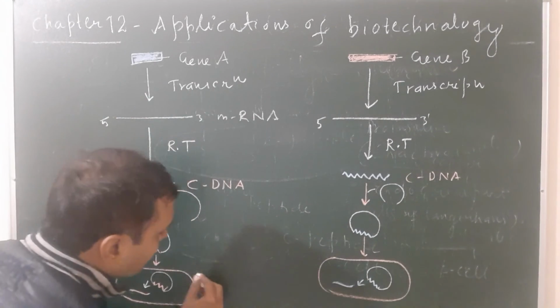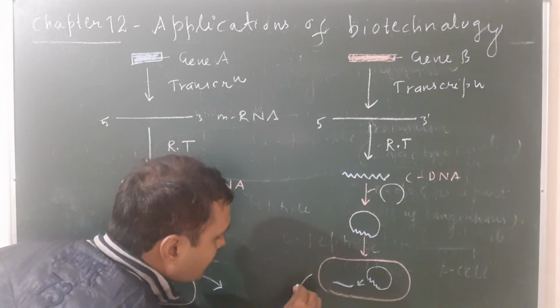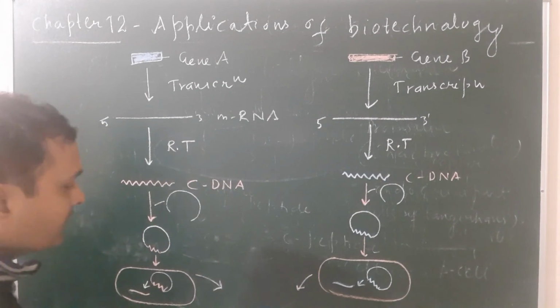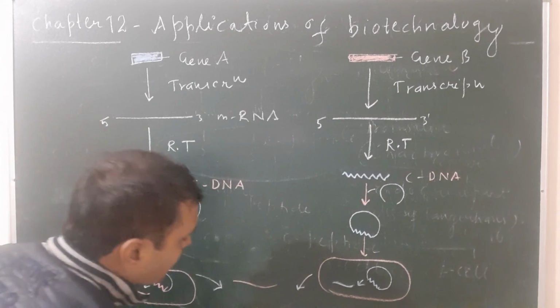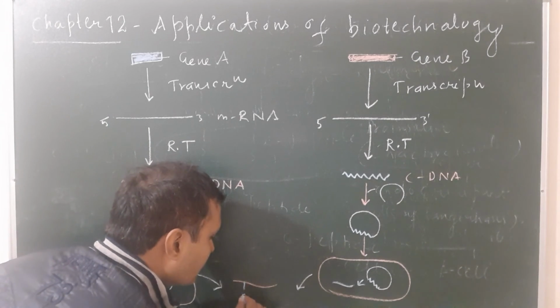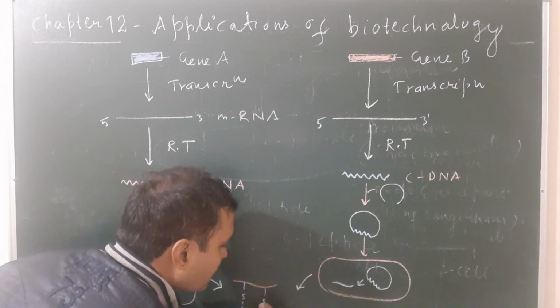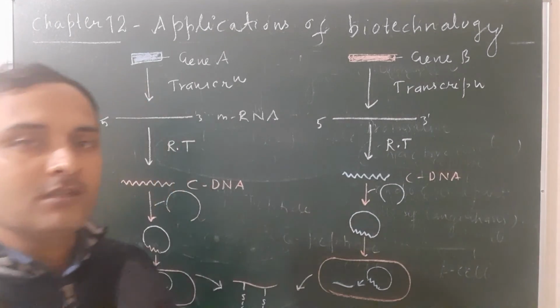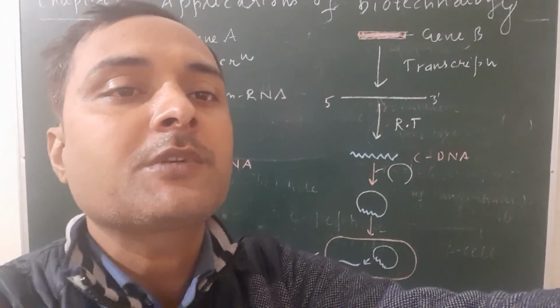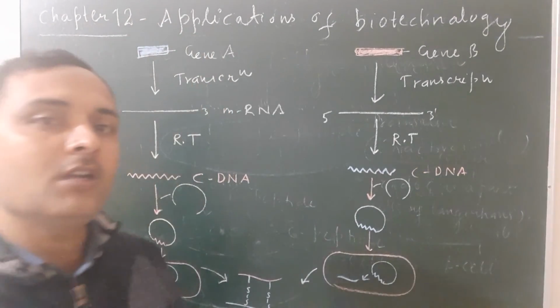Finally, these peptides are isolated from the host cell and put in a medium in such a way that the disulfide bond forms. This artificially produced insulin is known as humulin. Why humulin? Because it is obtained from the human gene, it is called humulin.